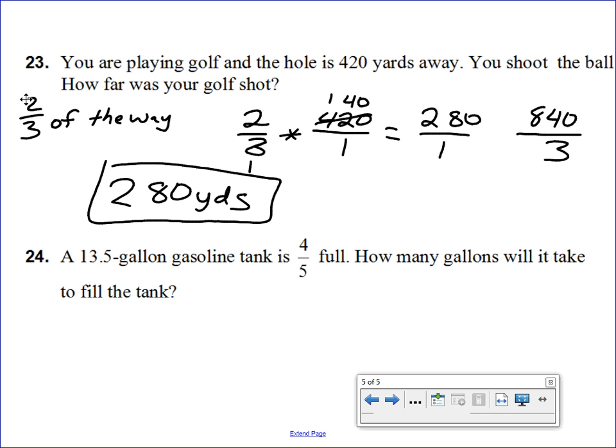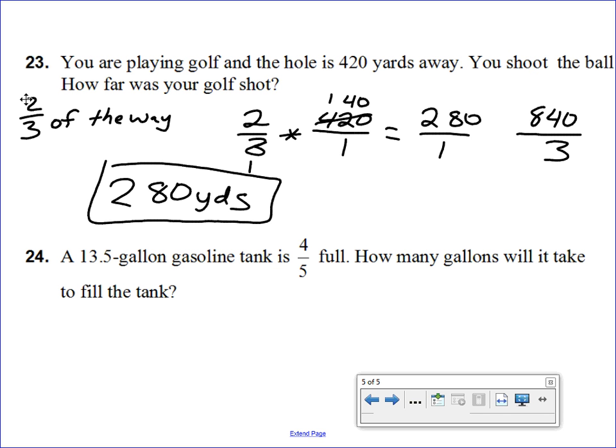How many gallons will it take to fill the tank? In other words, we want to find out what is 1/5. Do we want to know how many 1/5s go into 13.5? Or do we want to find 1/5 of 13.5?